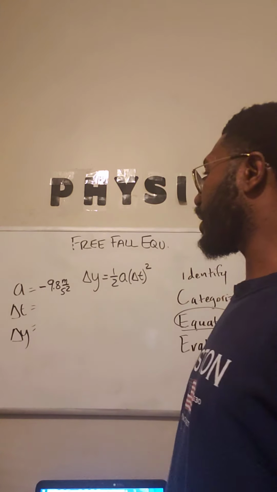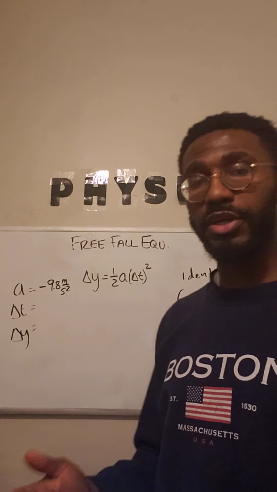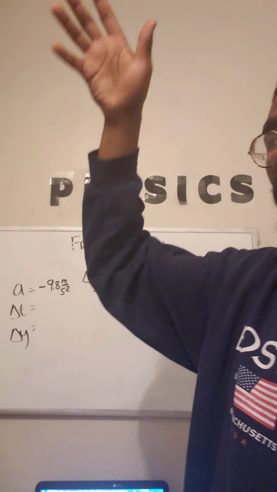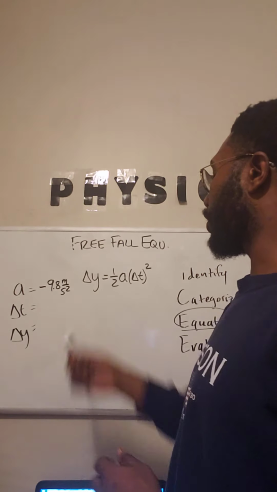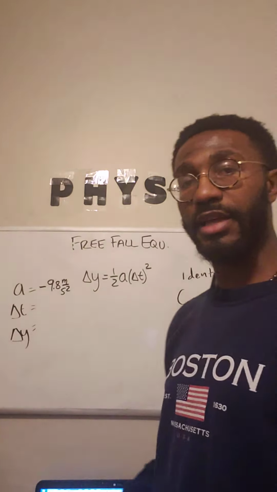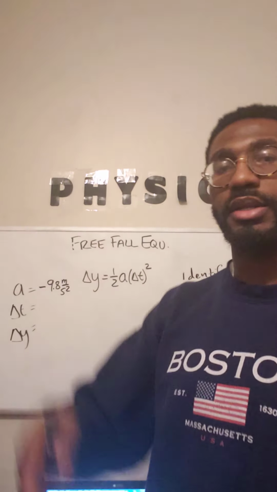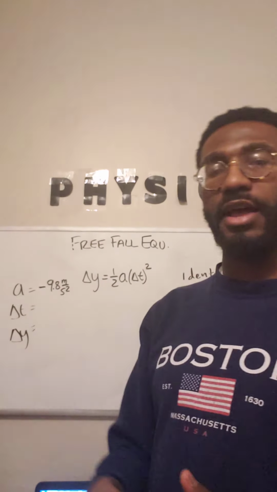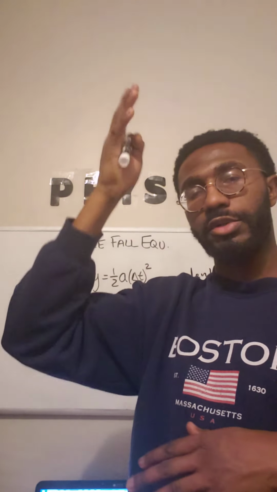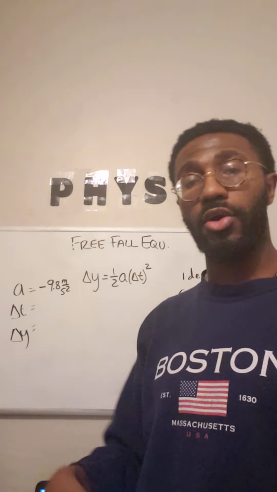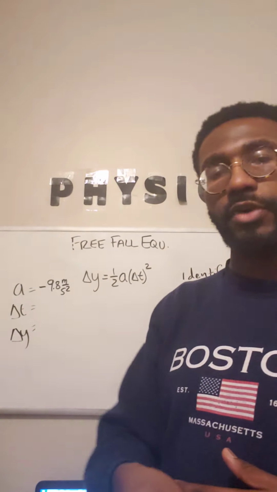Delta y is the change in y position of the object. The reason this is a y instead of an x is because y motion is motion that is up and down. X motion is horizontal motion. Y motion is vertical motion. So if an object is falling or rising up in the air, it's moving vertically.